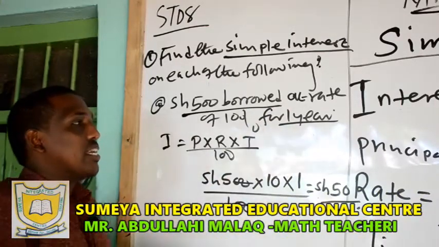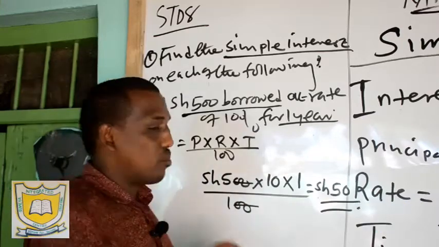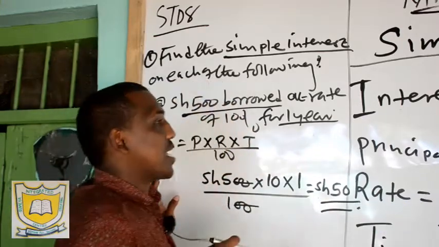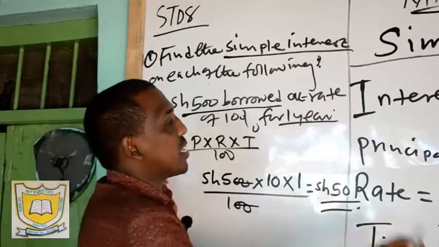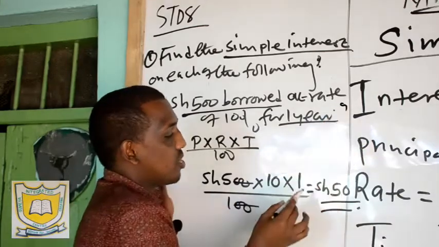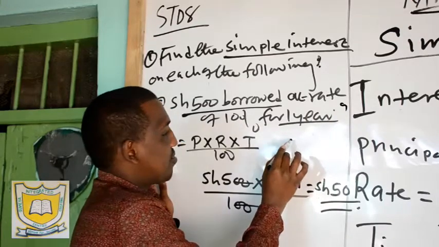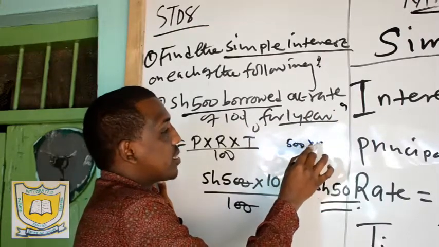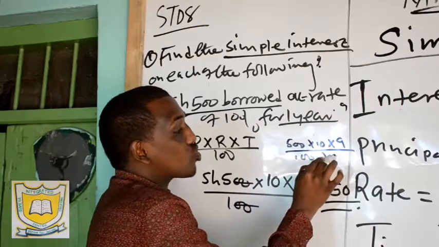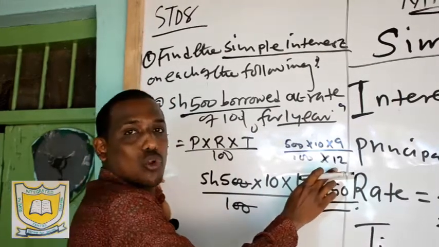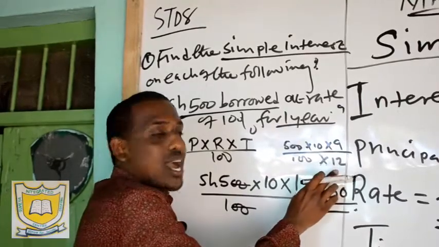If the time is in months, for example 9 months, you say 500 times rate 10 times 9 months, all over 100 times 12. Why do we say times 12? We are changing the month into a year.